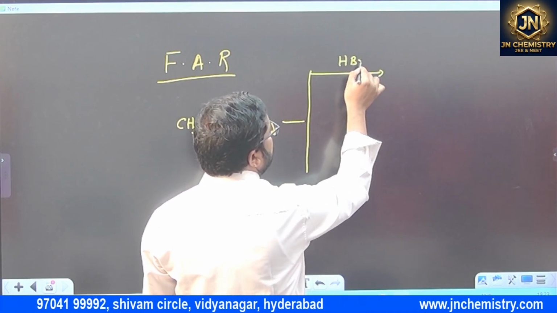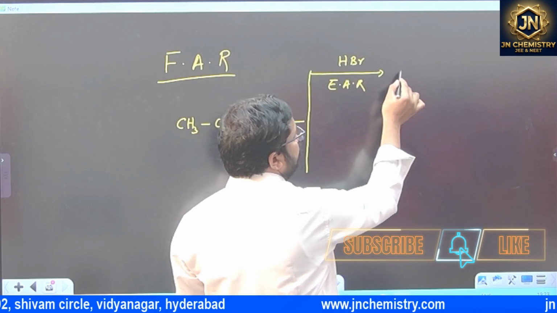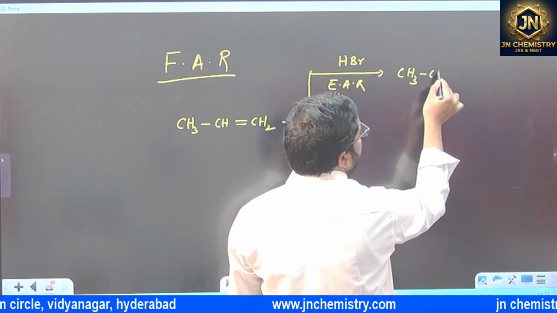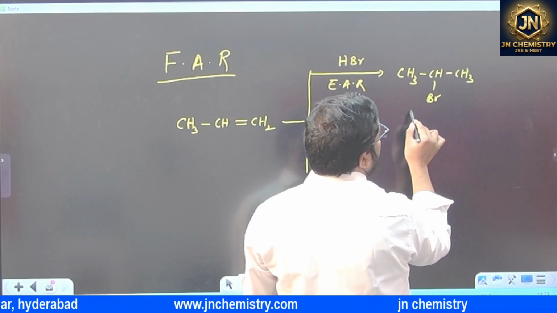HBr without peroxide is an electrophilic addition reaction. We know the major product will be 2-bromopropane.